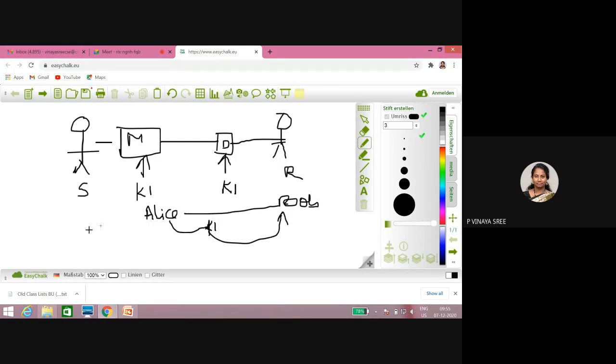Now suppose Alice wants to communicate with n number of receivers. Then Alice has to create one shared key for Bob, and another for x1, for x2, and so on until xn.